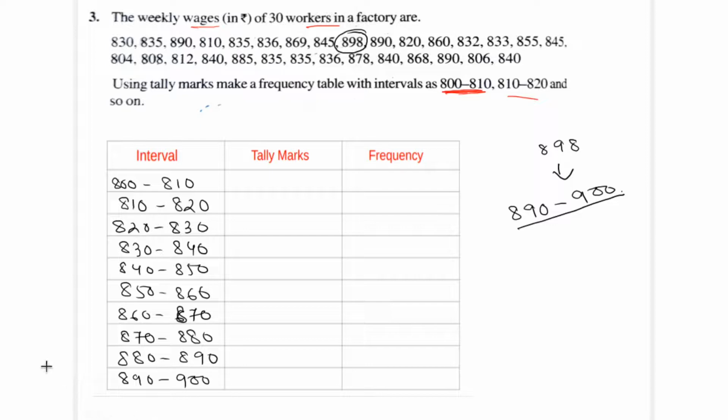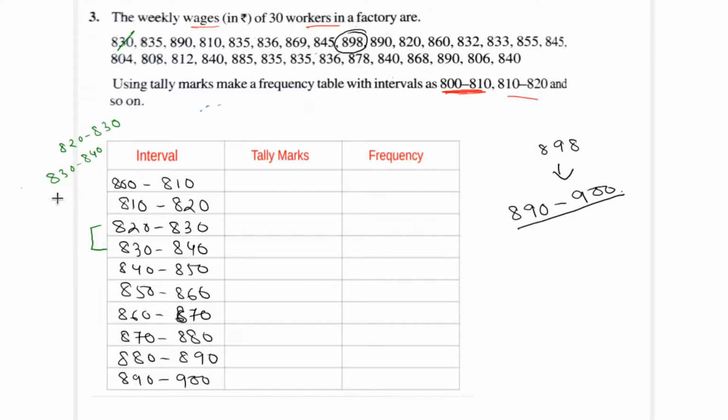Now we will start the tally marking. Where will 830 belong? 830 can belong to 820 to 830 in this group, or 830 to 840 in this group.